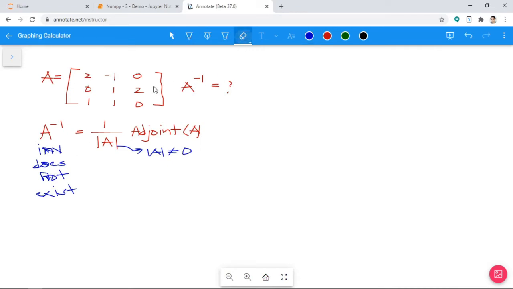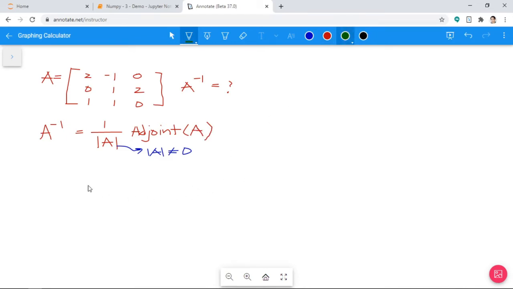Okay, so let me erase this one. So assuming that the determinant of A is not equivalent to 0. Let me clear this one and write it again. So A, that will be the adjoint.